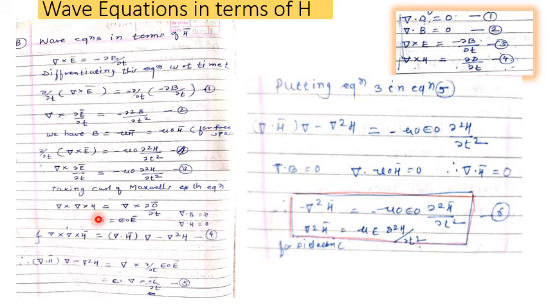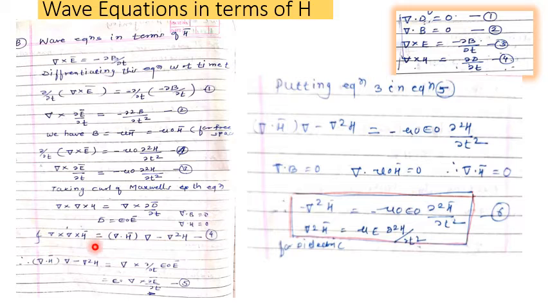So del cross H is equal to del dot of del D by del t, but D bar is equal to epsilon 0 E bar, and we also know that del dot B is equal to 0. Therefore del dot H is equal to 0, since B is equal to mu H. Therefore del dot H is equal to 0.